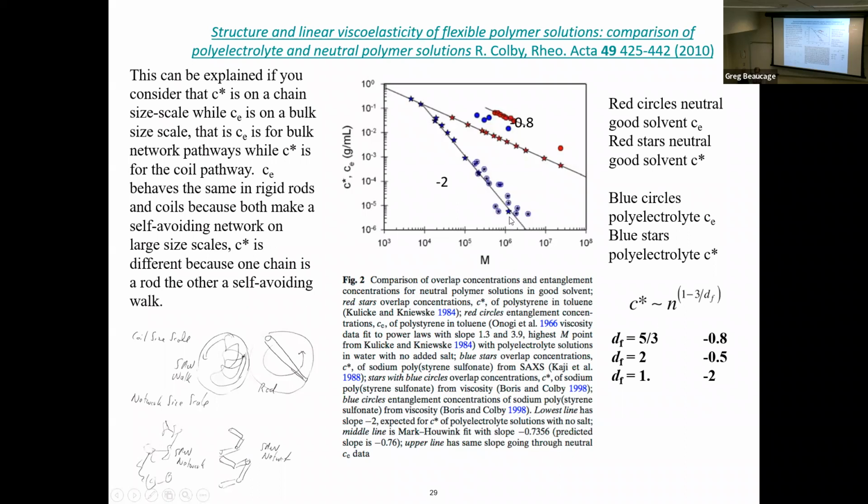It's a little bit of hand waving. It's true you're comparing a bulk measurement to a nanoscale measurement, and there's differences with size scale. But whatever. So anyway, that's one of the nuances of this business about C star.